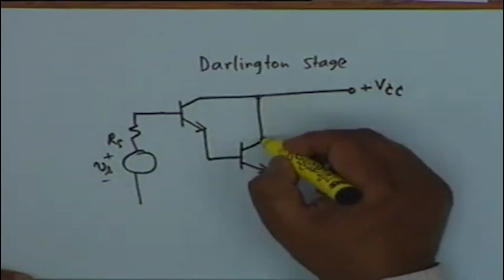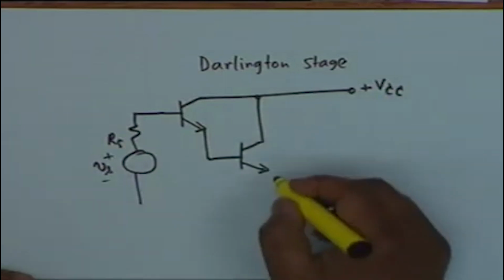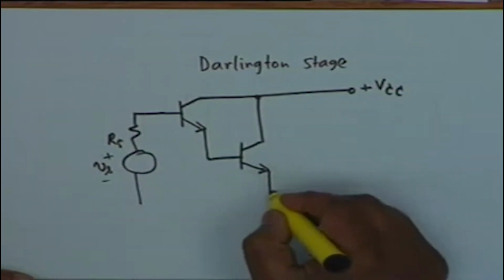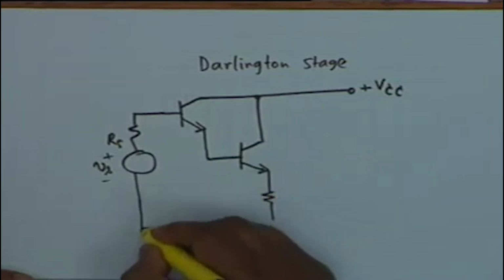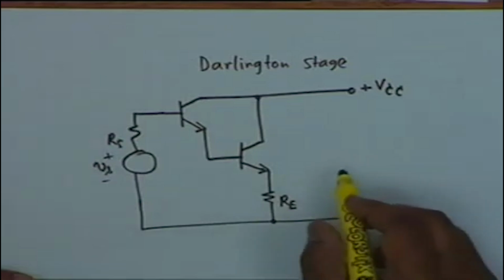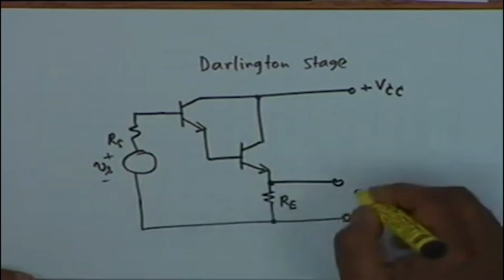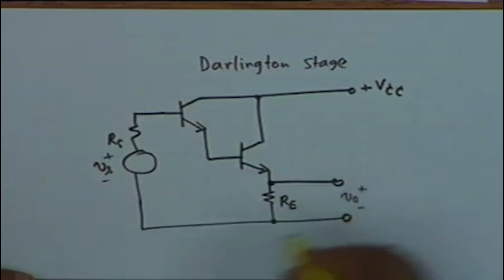and the collector of which is connected to the same VCC. Then this goes to ground through a resistance R sub E, and it is across R sub E that you take the output voltage V0. I am not showing the DC quantities, I am showing only AC quantities. Across this you take V0.